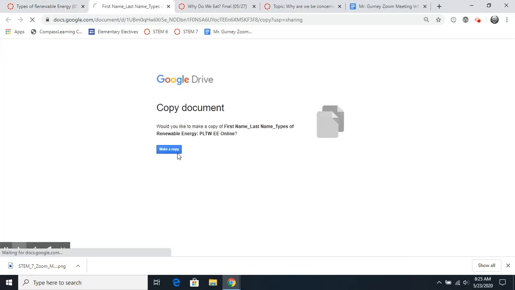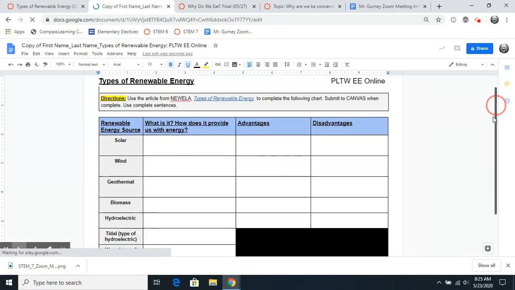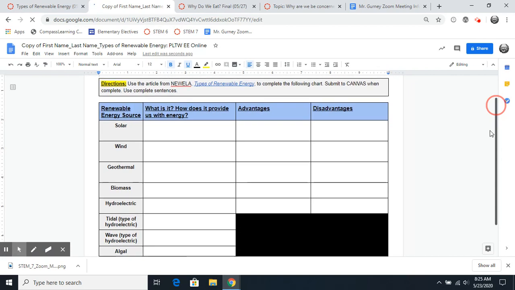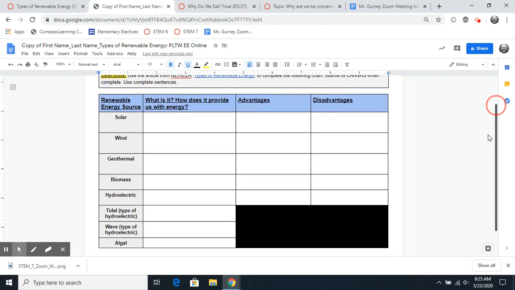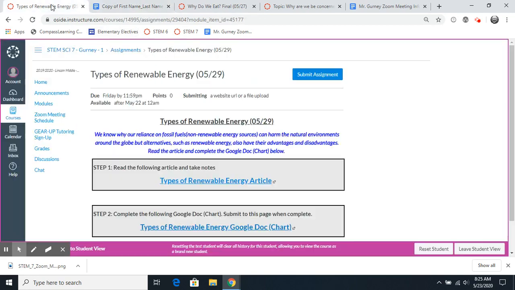You are going to then complete this Google Doc about the different types. There's solar, wind, geothermal, biomass, hydroelectric, tidal, wave, and algal. So your job is to talk about what that is based on the article, talk about advantages and disadvantages, fill out this chart, and submit this. And that is the last assignment you need to do for the week.